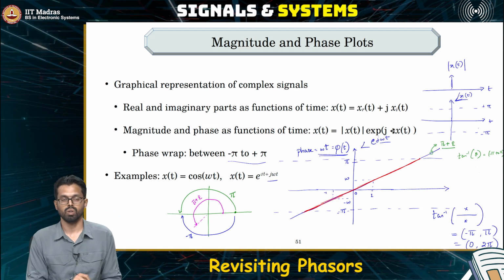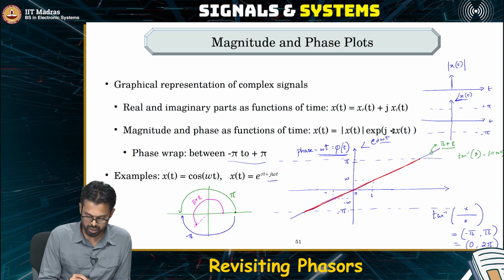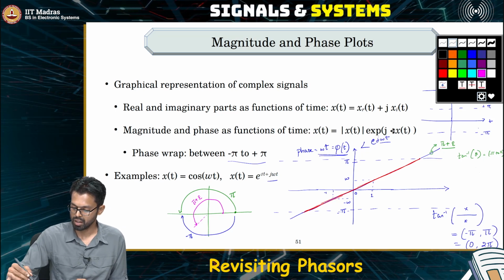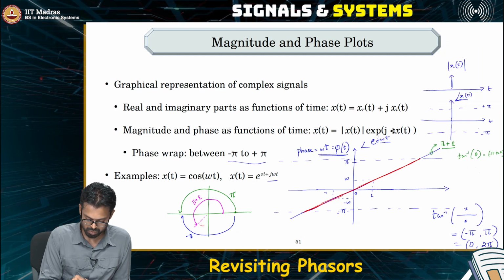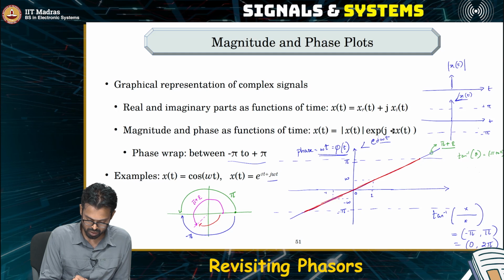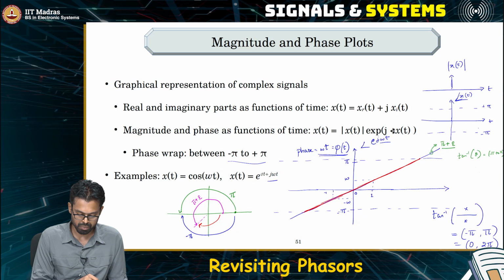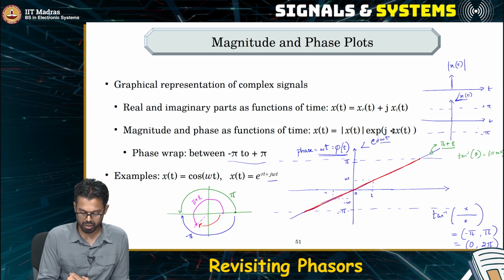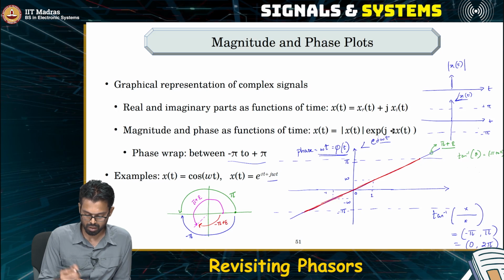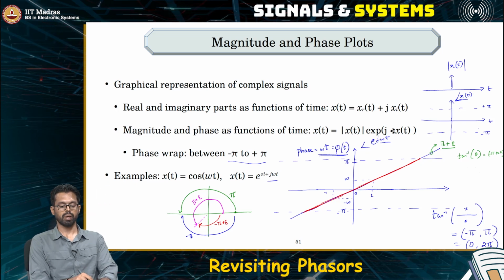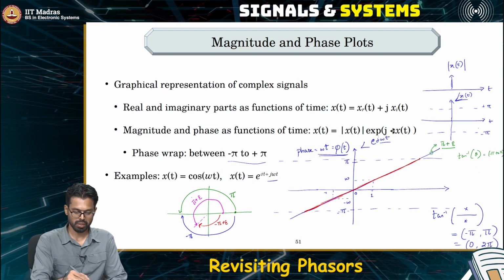This angle is pi plus epsilon. But then tan inverse is not going to give you anything greater than pi. So what it will give you is the other side. It will compute whatever this angle is. And what is this angle going to be? This angle is nothing but minus pi plus epsilon. So this gives the complete circle.